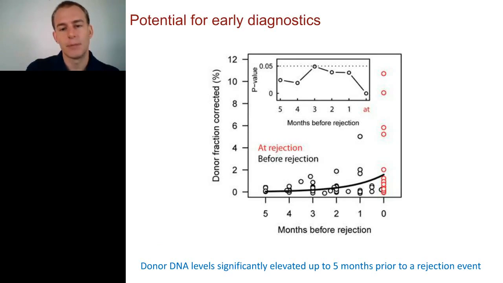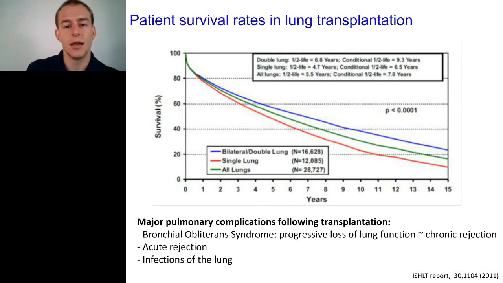We looked at the potential for early detection, and we find that donor DNA signals are elevated up to 4 or 5 months before the actual rejection event. We find that the detection quality is higher for patients that are younger and for samples that are collected at a later time point post-transplant.